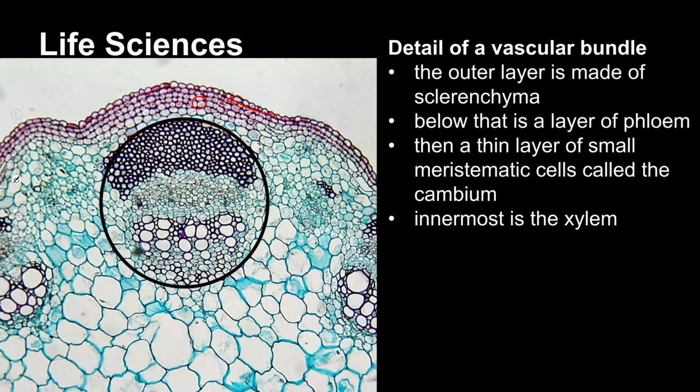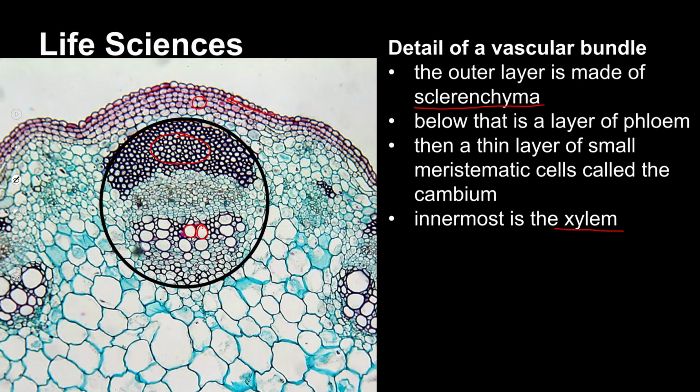We can see here nice big empty cells, and those would be your xylem cells. They've also got thick walls. Then what you see here are smaller cells which also have thick walls. And their walls are evenly thickened, so that is the sclerenchyma.